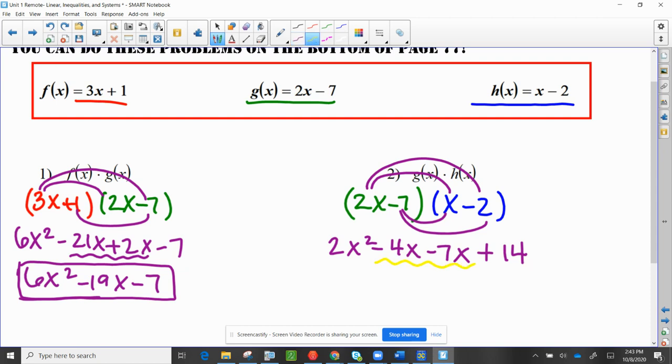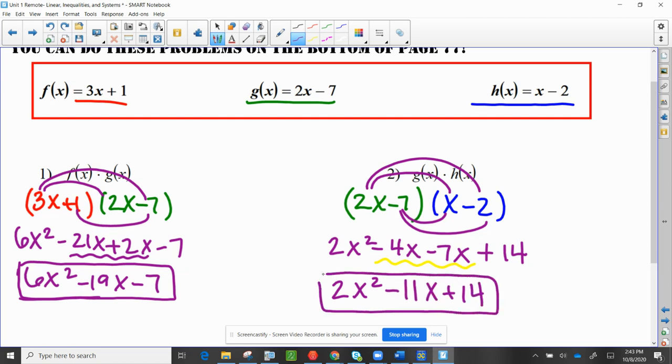Cleaning up those like terms in the middle, negative 4x minus 7x is negative 11x, plus 14. So there's that product. Okay, so just make sure when you're distributing, watch your negatives, watch your signs, watch your integer operations, and combine like terms if you have them at the end to get that final product answer.